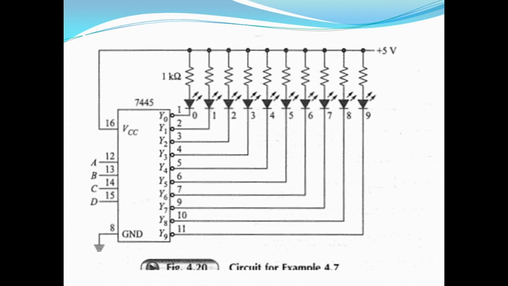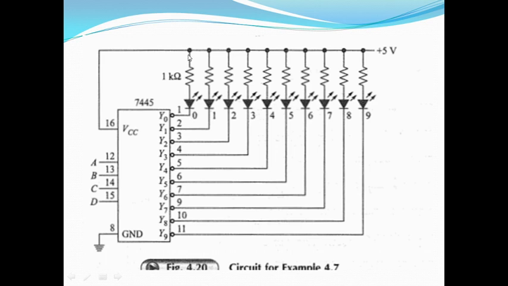Now, according to the example, the resistance connected here is 1 kilo ohm. If you consider that one particular LED is going to be on, the voltage drop across this LED is going to be 2 volts. So, how much current will be passing through it? You can apply Kirchhoff's law. Here, VCC, that was 5 volt, minus I times R, minus the LED drop, is equal to the voltage at this end, that is 0 volt.